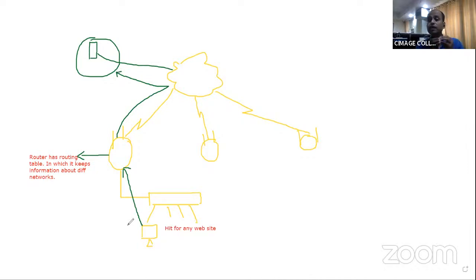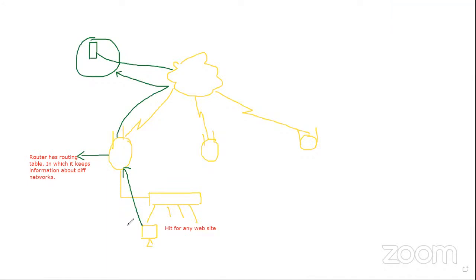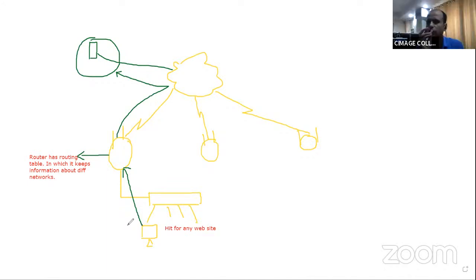So in this way, if this user should be free to hit any network, in that case, the router should have all network information. And if this small router will try to keep information about multiple networks that are available in the whole world, in that case, its routing table size will be too large.